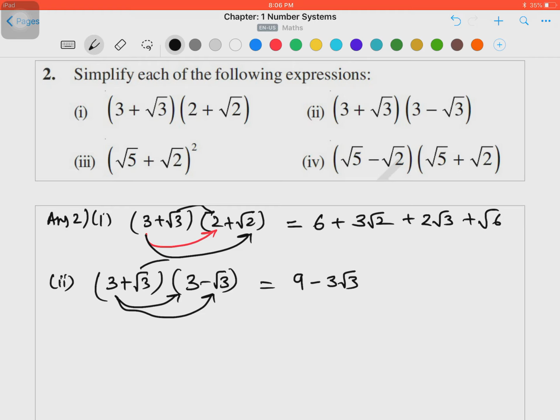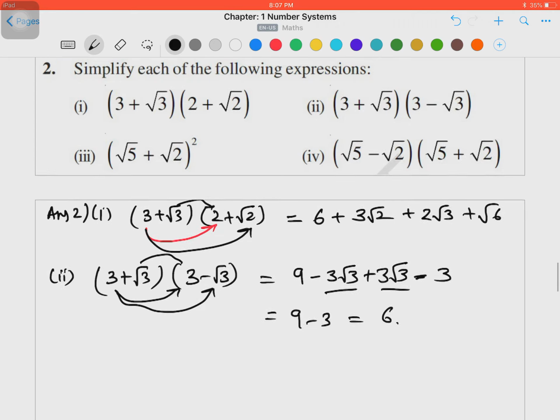Now we multiply the second term with the first term, so it will be plus 3 root 3, and the second term with the second term, minus root 3 into root 3, will be minus 3. Minus 3 root 3 and plus 3 root 3 cancel out, so the result is 9 minus 3 equals 6. So that's our answer.